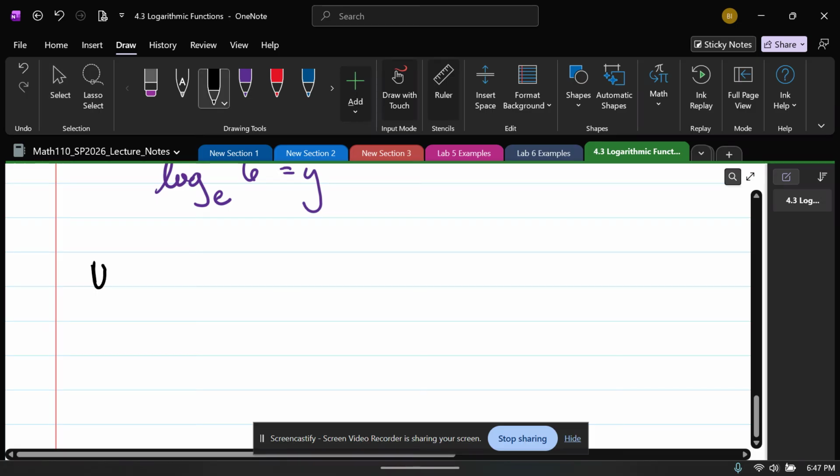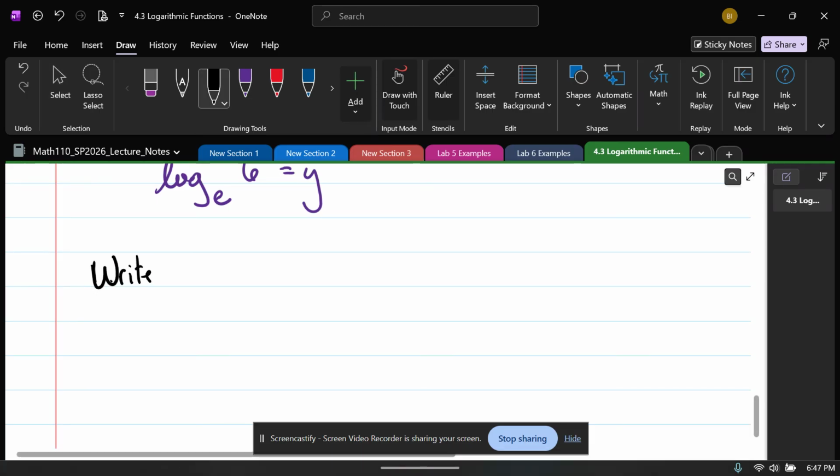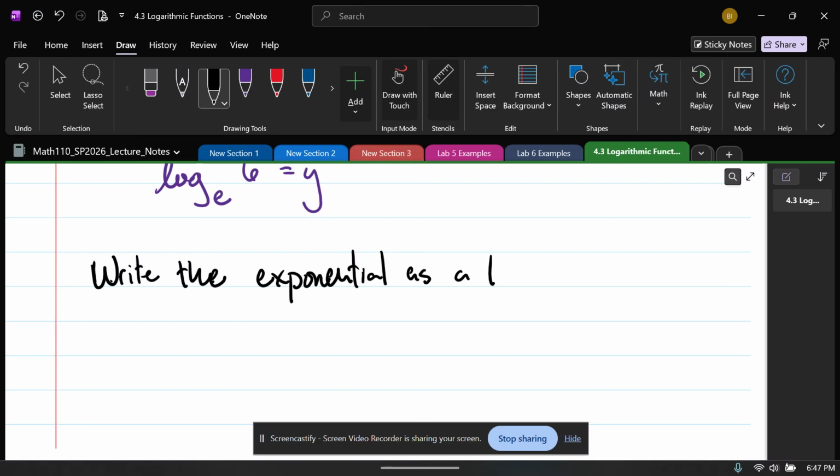So write the exponential as a logarithm.